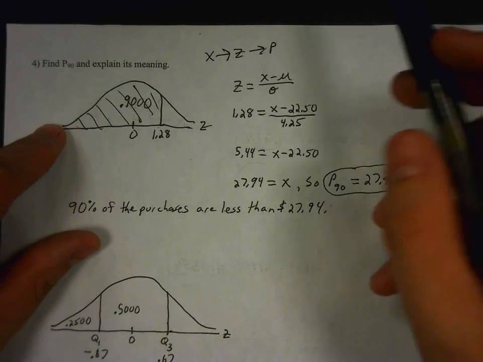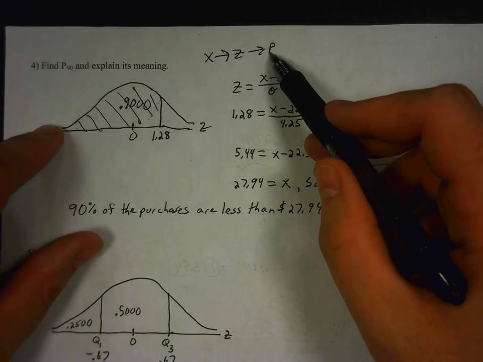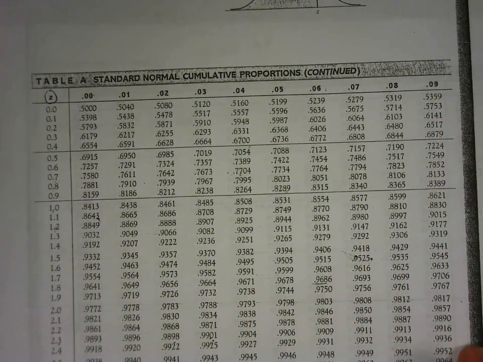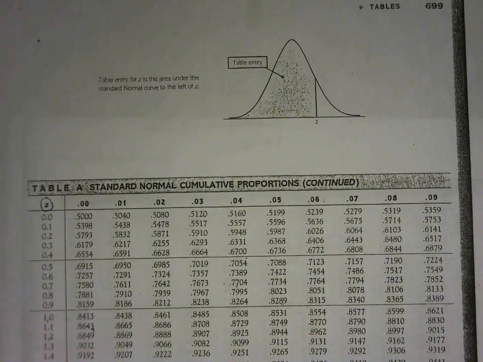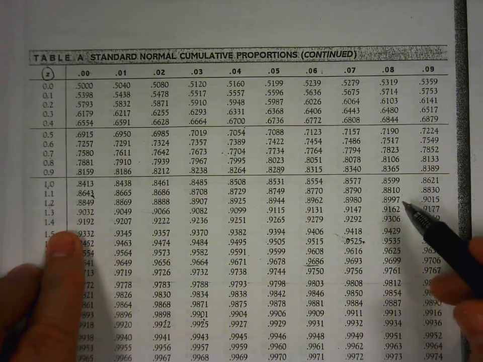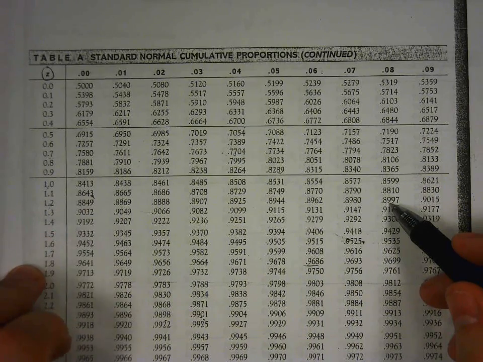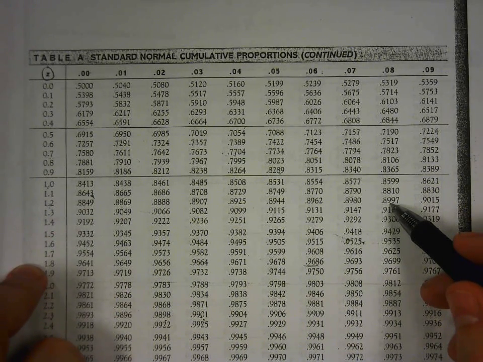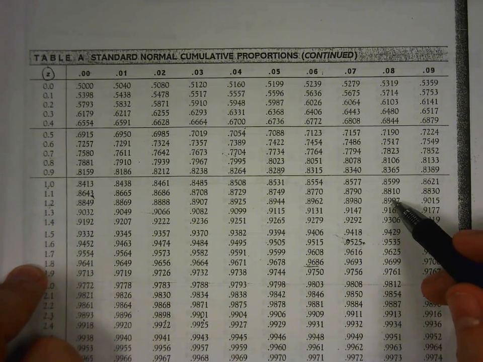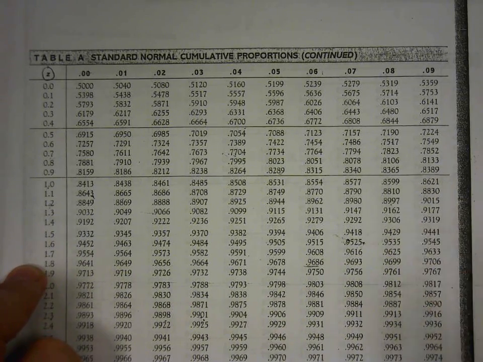So what you do is take that area, or probability, of 0.9000 and look that up in the body of the table. You get 1.28, because 0.8997 is closer to 0.9000 than either of the two other values are. So you use 1.28 for the z-score.